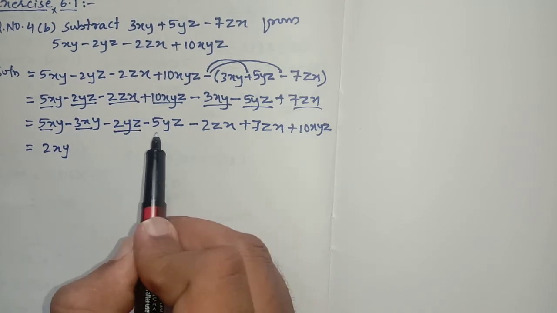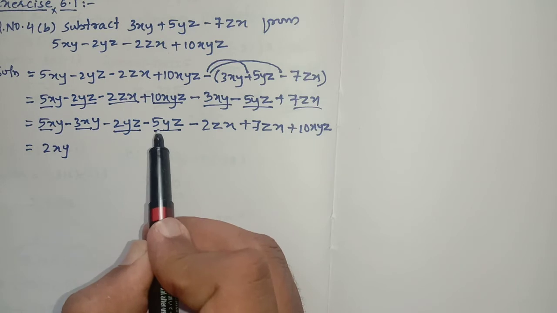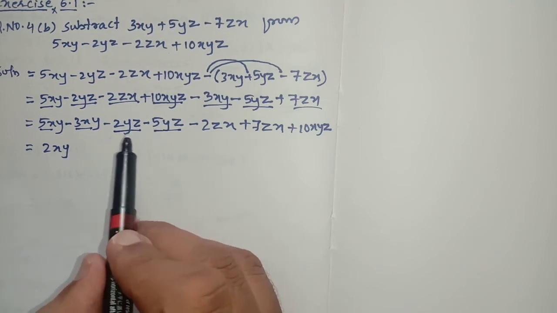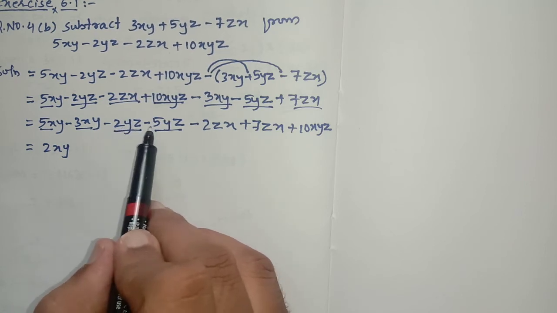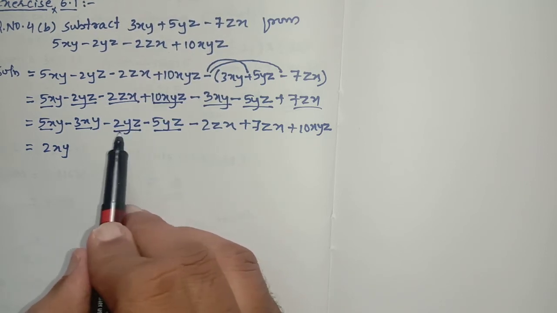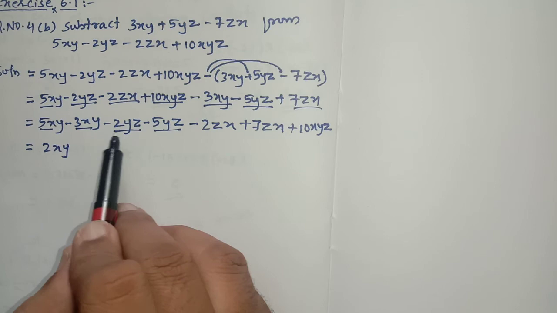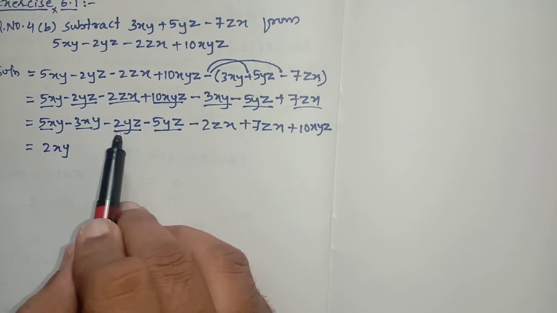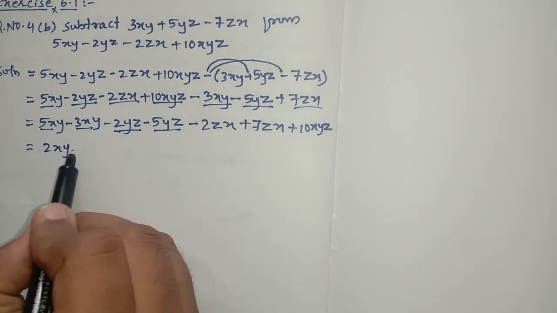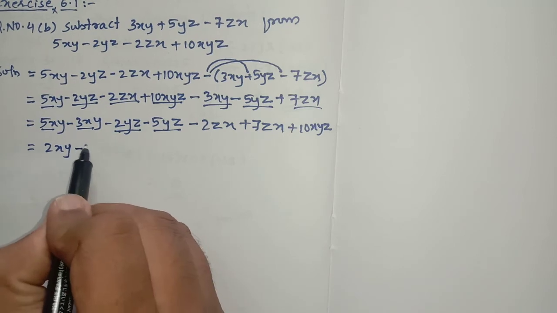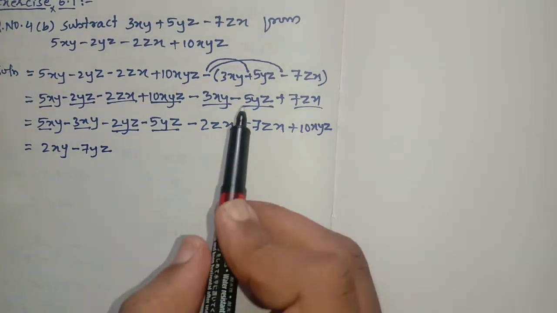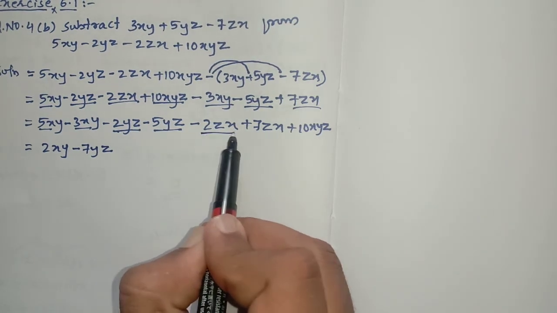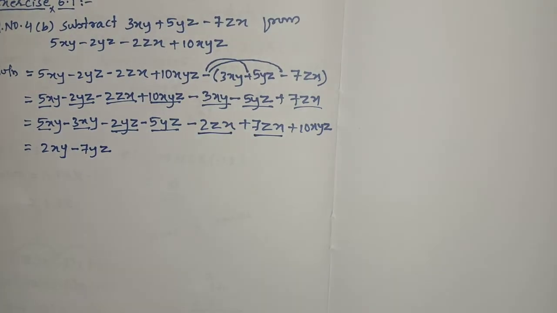Minus 2yz minus 5yz. As I said many times, same sign we add and sum of negative integer is negative. Signs are same, so we have to add. Minus 2yz minus 5yz will be minus 7yz.